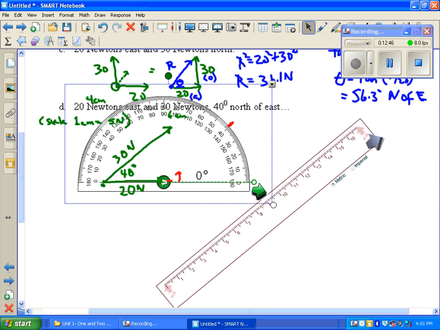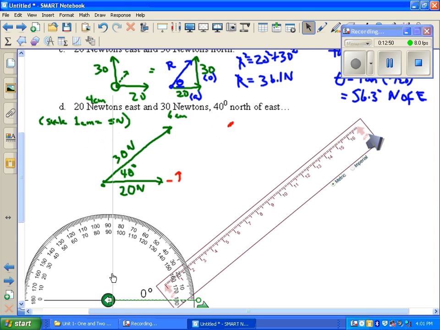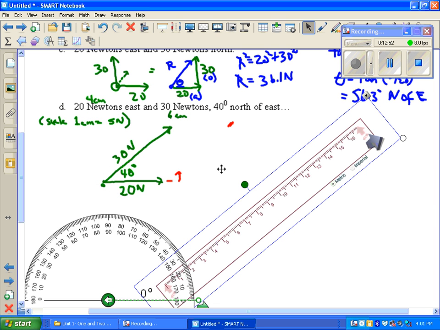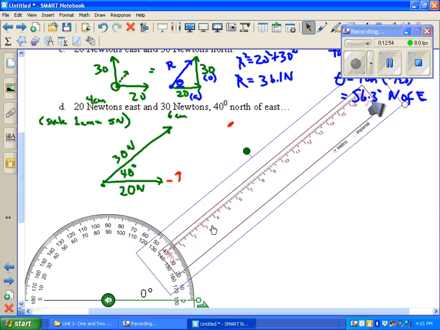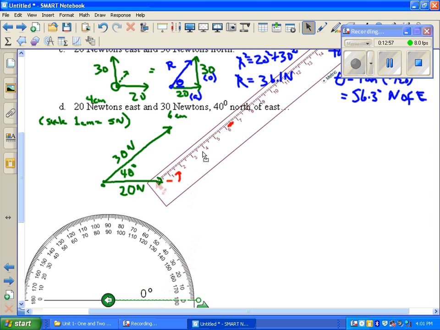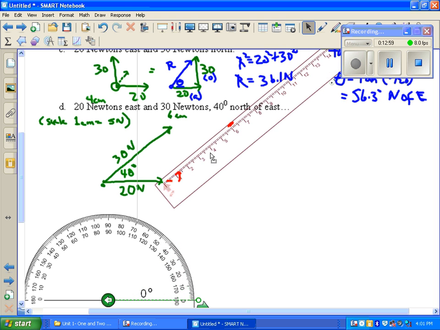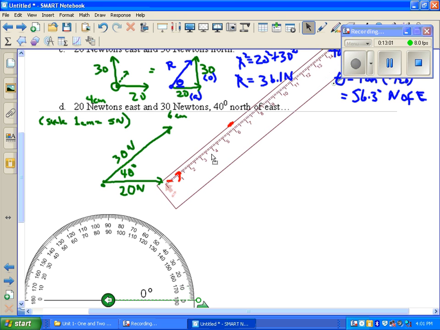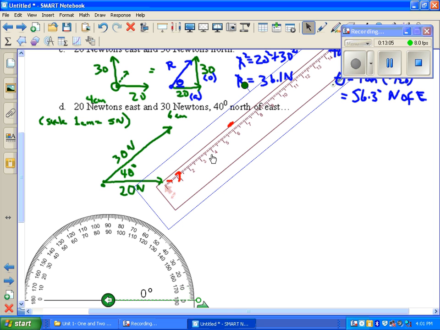Okay? Now I have to take my ruler and put it along here. So I put it so it's right along that 40-degree mark again. And I'm going to draw 6 centimeters along that line.